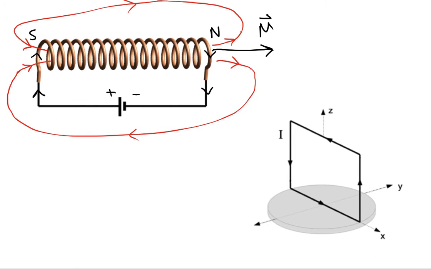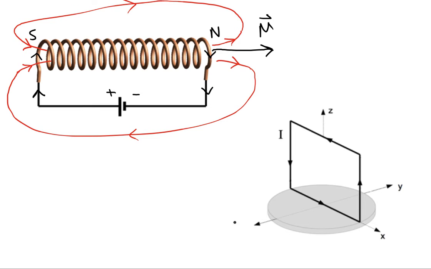Here's one more loop. We can see that the current here is going counterclockwise. And I want to show you just a new way of finding the direction of a magnetic moment. You can actually use the right-hand corkscrew rule to find it.